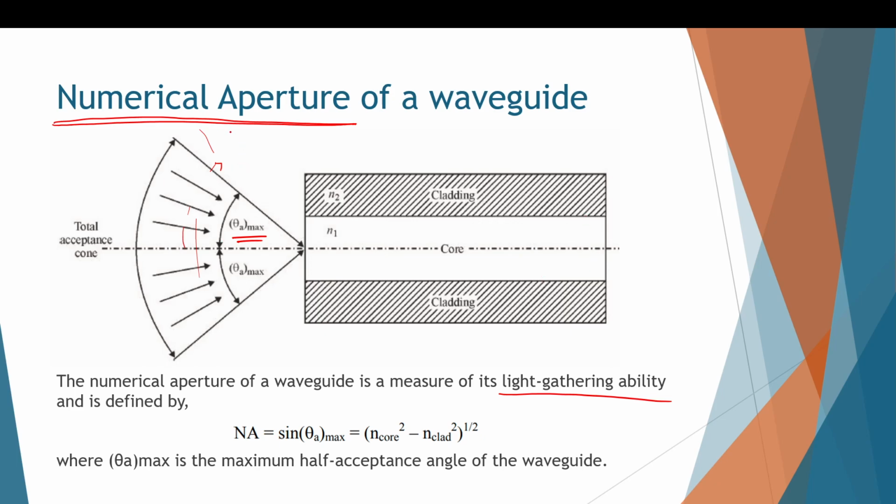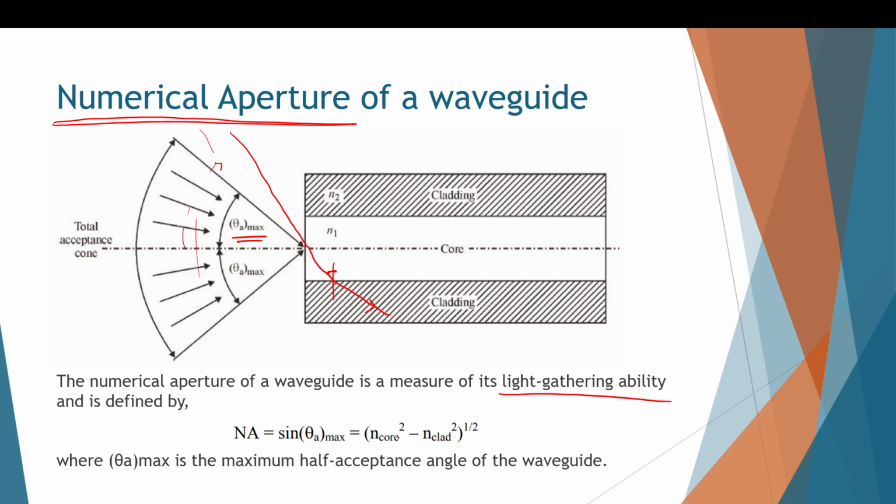If it is above this angle, we will see that it gets inside the waveguide, but since this angle is lesser than the critical angle, instead of being totally internally reflected, it will just be refracted onto the other side. So the numerical aperture quantifies the light gathering capacity of the waveguide.